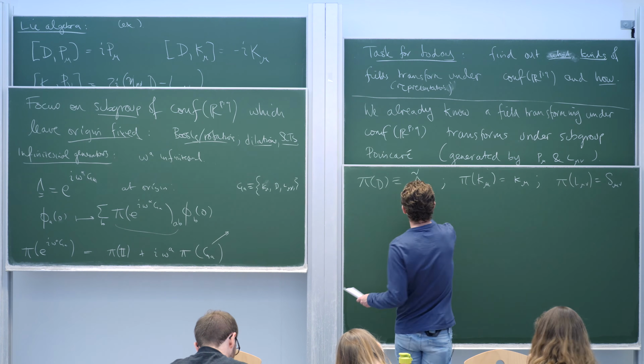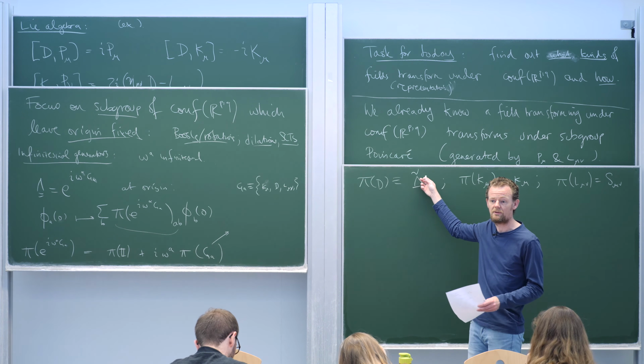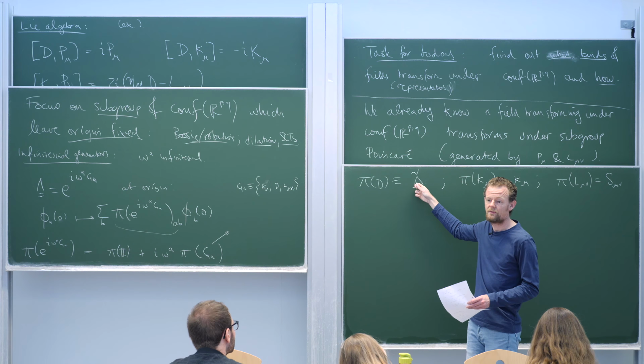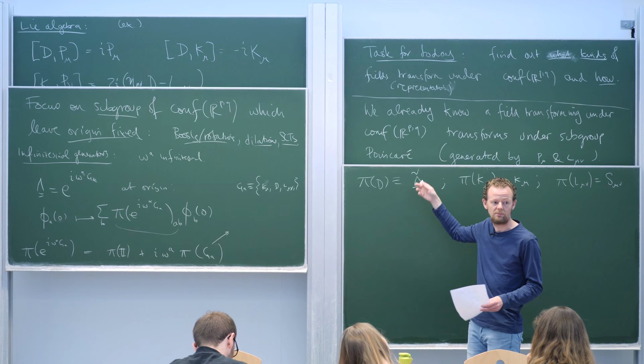Oh yeah, there is a reason. Notationally, this is what will correspond to something called the scaling dimension of a field. That's the term, the notation people use. We're stuck with it.